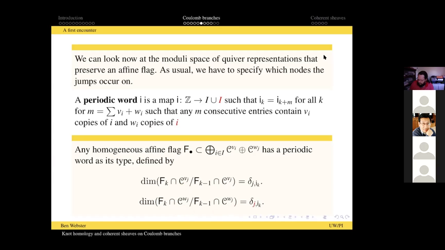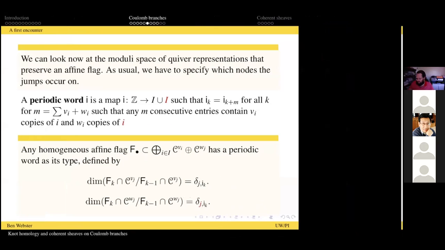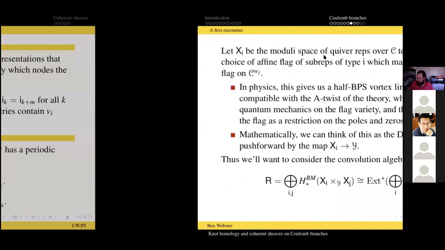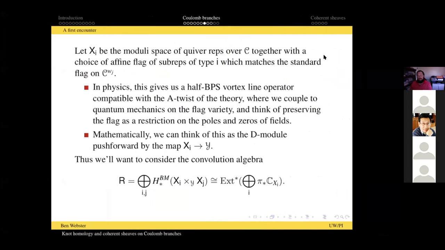Okay, so for each one of these periodic sequences, I get a space of quiver representations over the Laurent polynomials with a compatible flag where I hit these vertices in this sequence. So I can think about that as a moduli space, the moduli space of such choices.